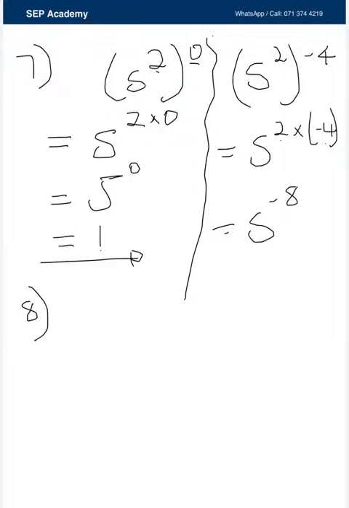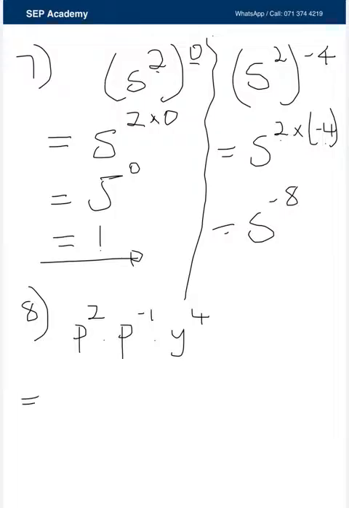Maybe example number 8. Let me think of something. Okay, let's say you have p to the exponent of 2, and this is multiplying p to the exponent of negative 1. This is multiplying y to the exponent of 4.